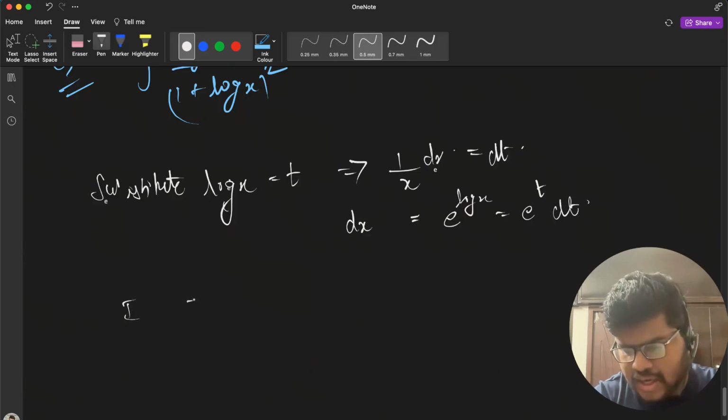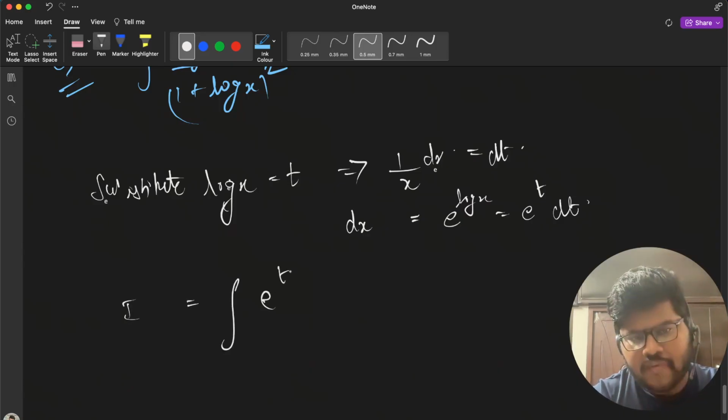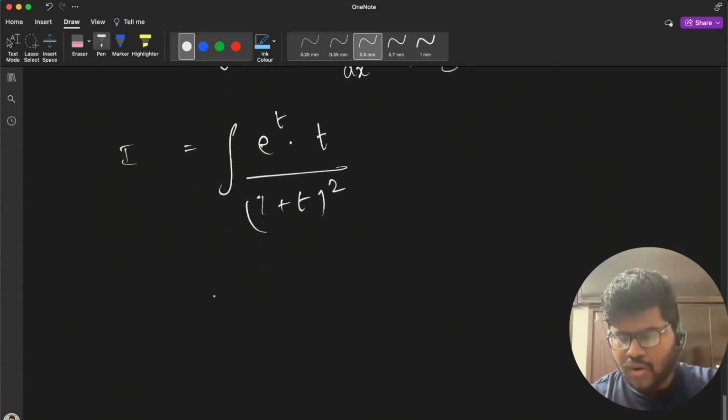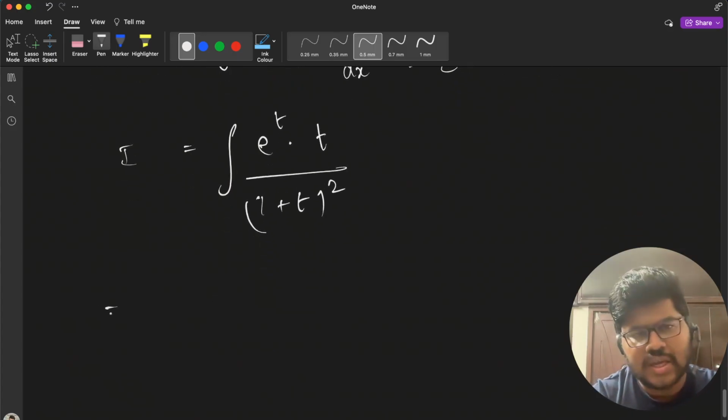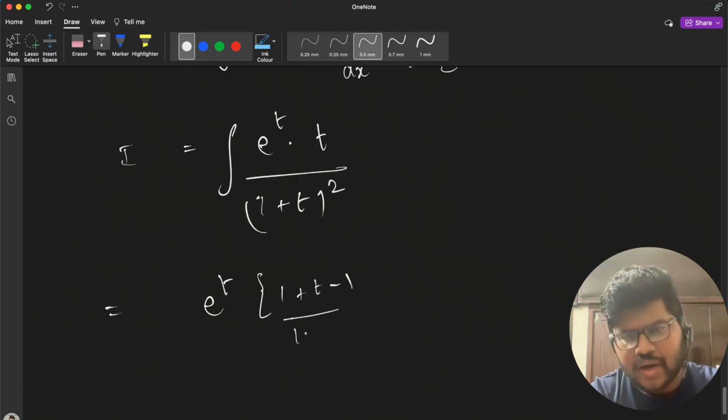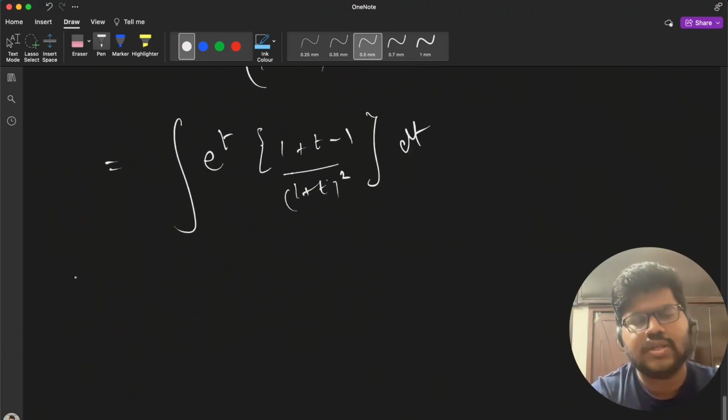So now our integration becomes e power t into t upon (1 plus t) whole square. Now e power t stays as it is. For the numerator, if I closely observe, I can write (1 plus t minus 1) divided by (1 plus t) whole square dt. This is the form.